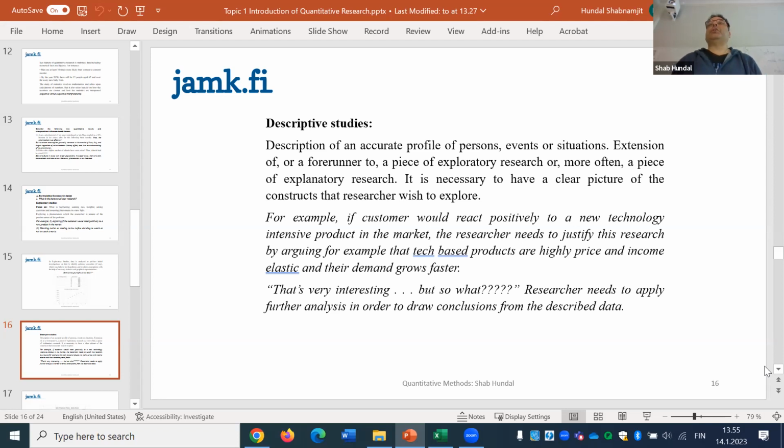And then same way, you can find a description of a company. Finnair, so many fleets, these many countries they fly to, very good development in Asia, very bad performance in Europe.